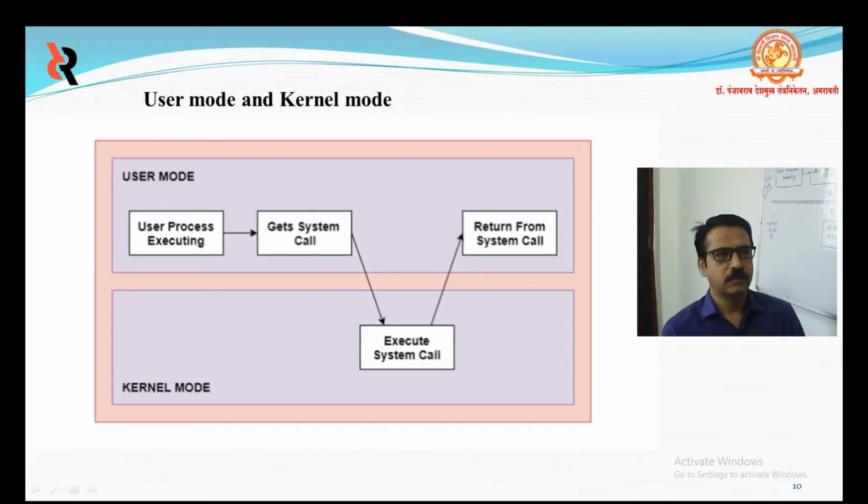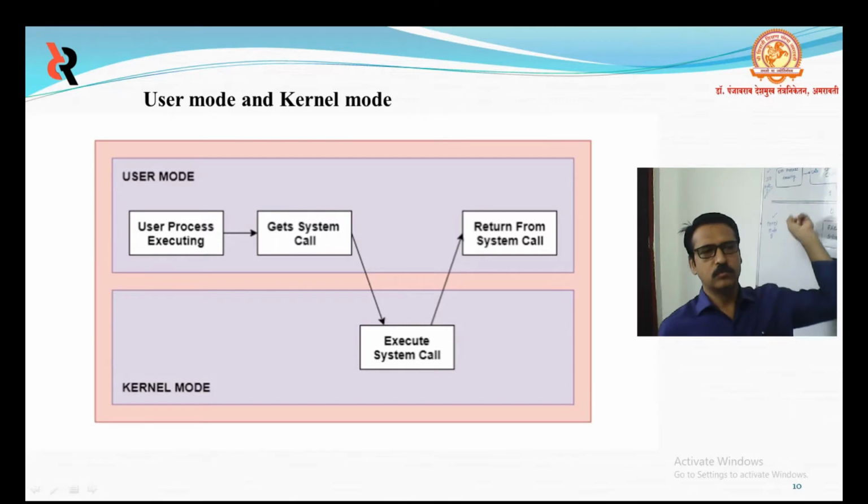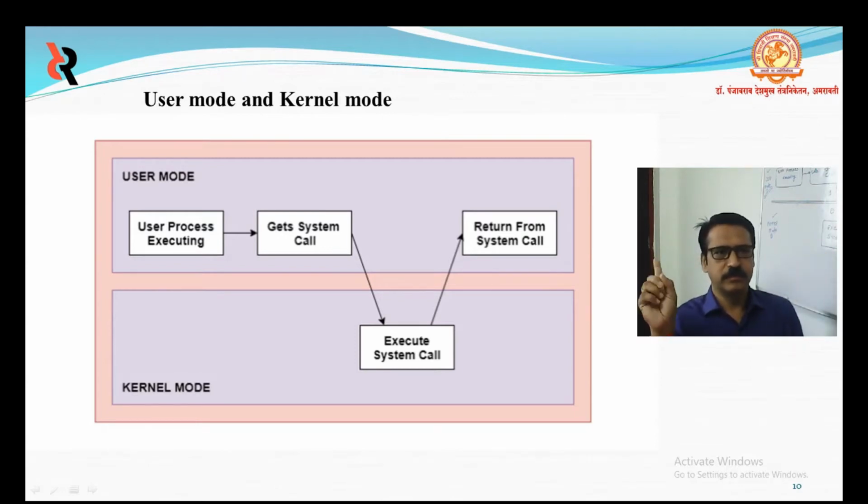As we have seen, these are the two modes of the processor in the operating system. In user mode, user processes are executing. This diagram shows the user mode and kernel mode of the operating system. While all the users are executing their processes, they require system calls for some privileged instructions.